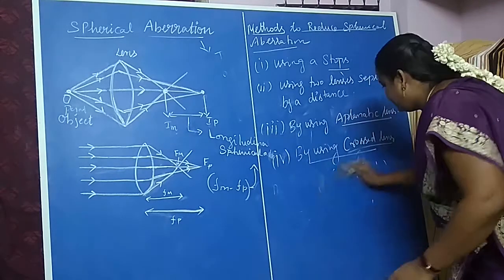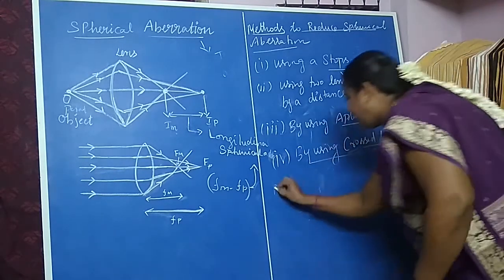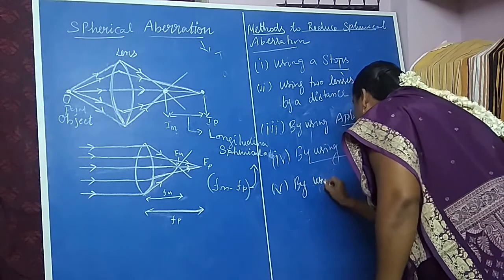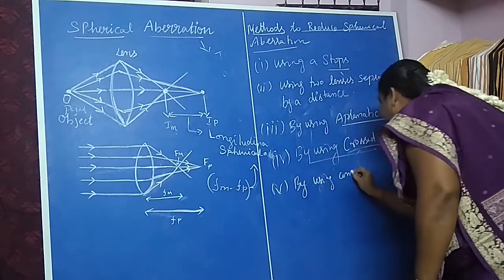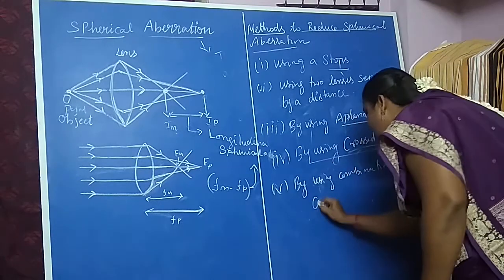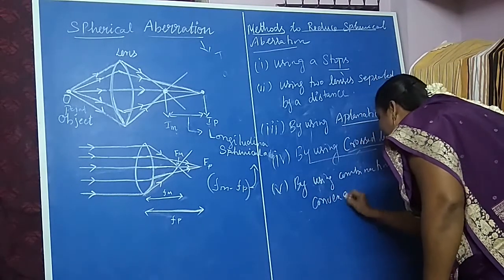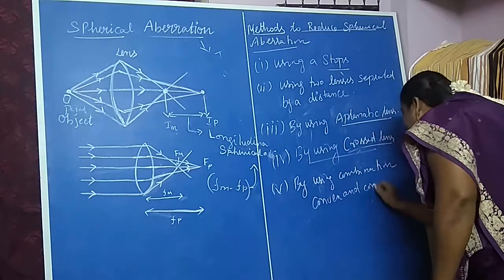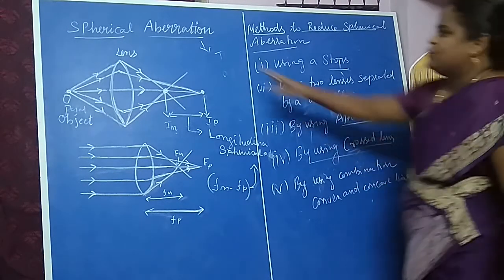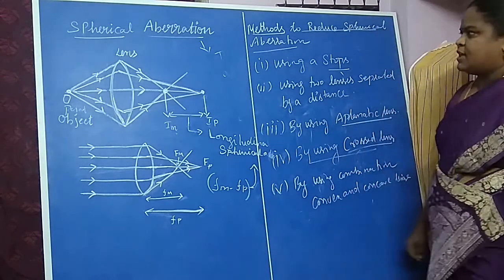Then the fifth case is by using a combination of convex and concave lenses, we can reduce the spherical aberration.